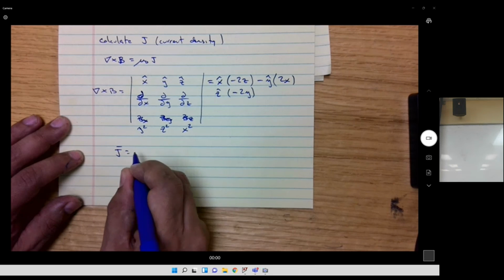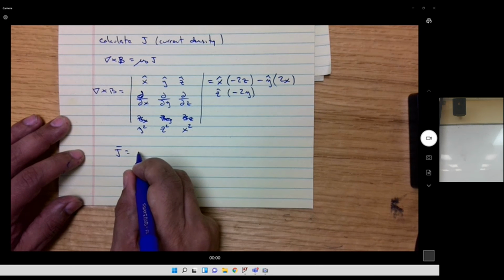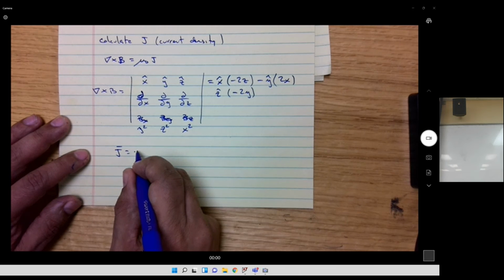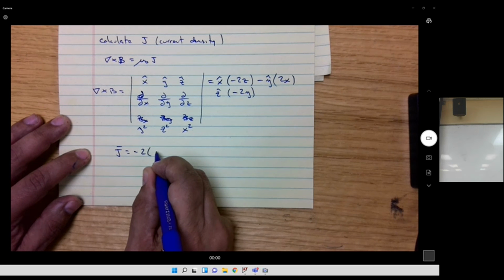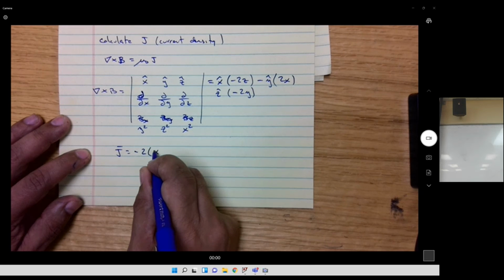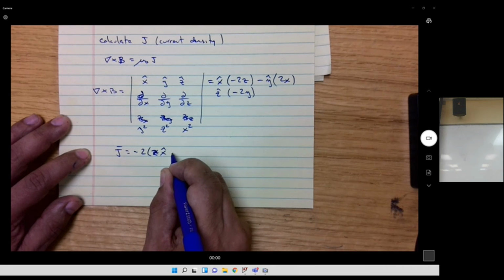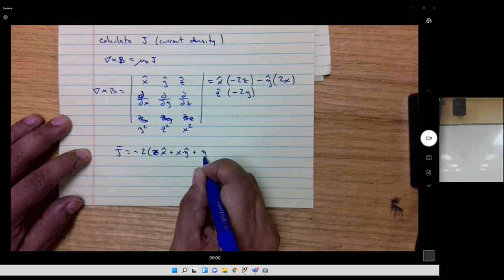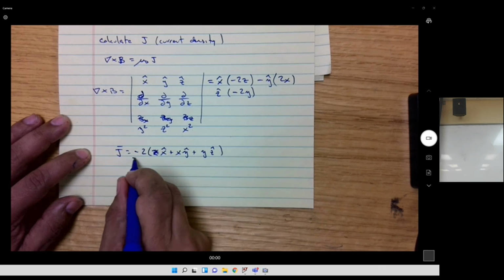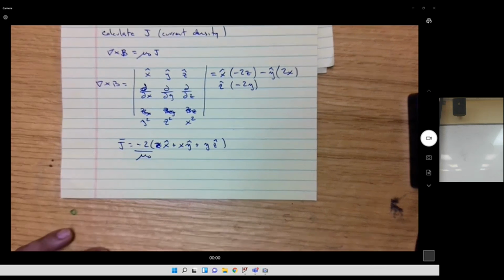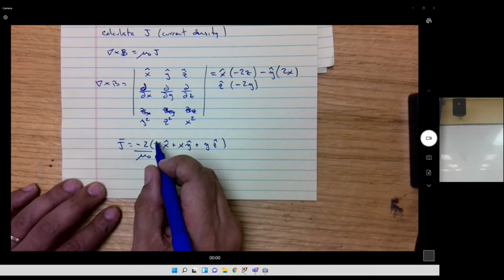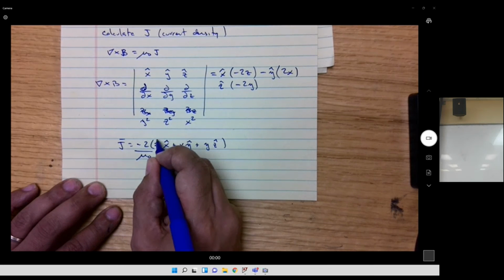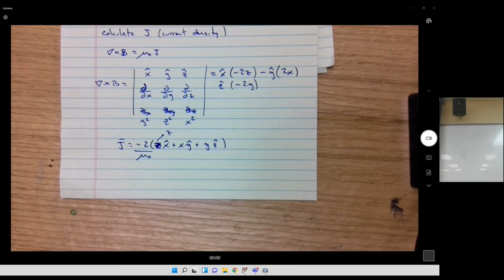So the current density will be negative 2zx plus xy plus y in the z direction, over mu naught. This is z. Okay, make sense? Let's stop here.